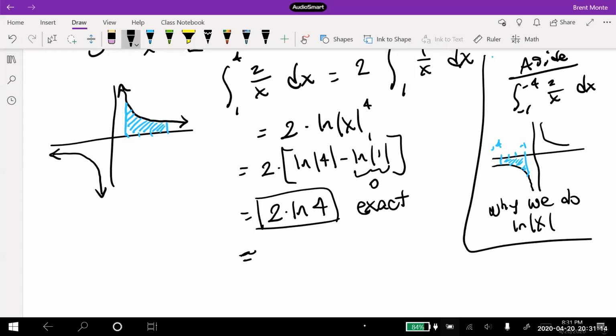We'll say approximately 2.773. That's my approximate answer. Okay, so depending if they want the exact answer or the approximate answer, either way, that's what we get.